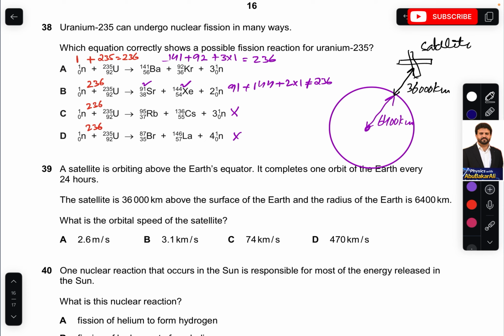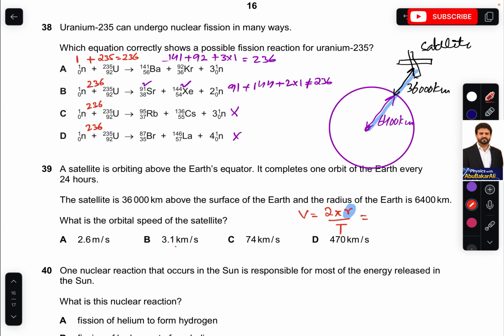And time is also given. You have to find the orbital speed. We know the relation for orbital speed. It is 2 pi r over t. Now what we need to know is what this r is. This r is the distance from the center to the satellite. Okay. So this r will be equal to 6400 plus 36,000.